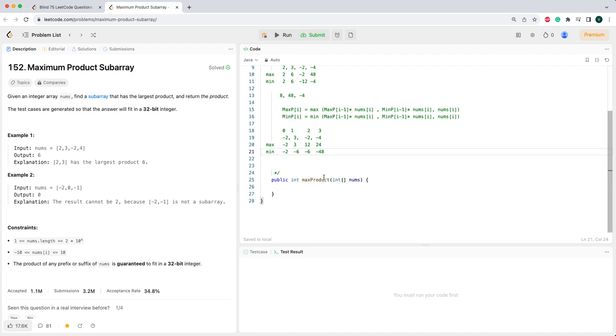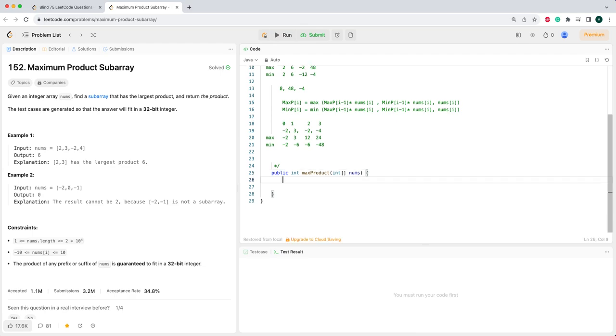Okay, let's try this approach and see how many test cases are getting passed. So what we need to do is, we have three products, right?